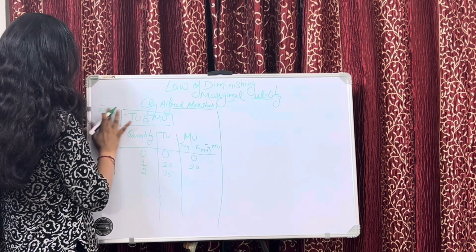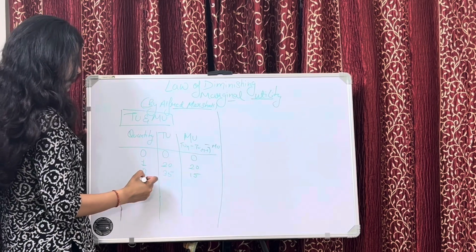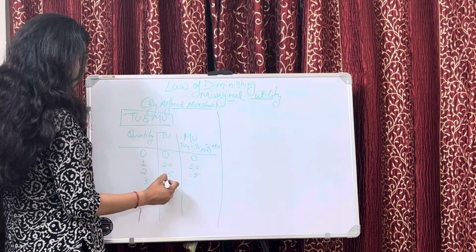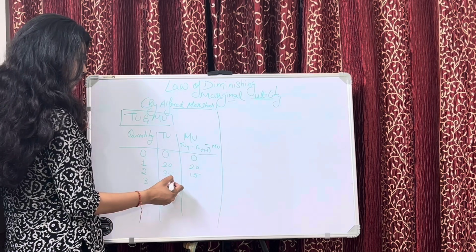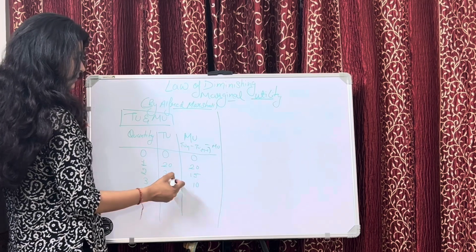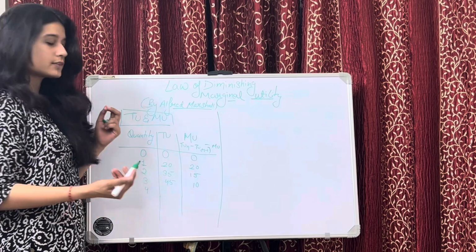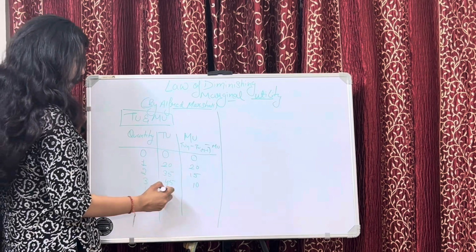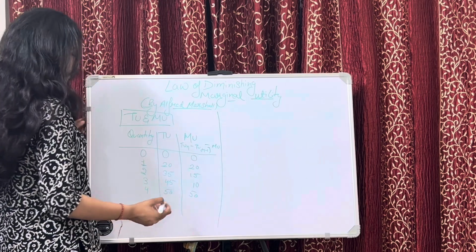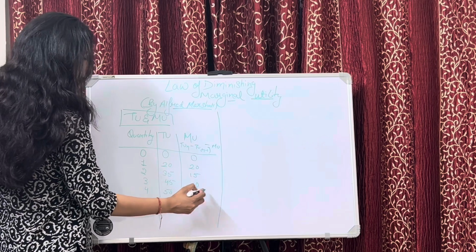That will be 15, right? Consuming the third unit of the commodity, your total utility, suppose we are taking 45, and this will turn 10. The fourth unit you are taking, your total utility will be 50 and your marginal utility will be, I'm sorry guys, this will turn 5.